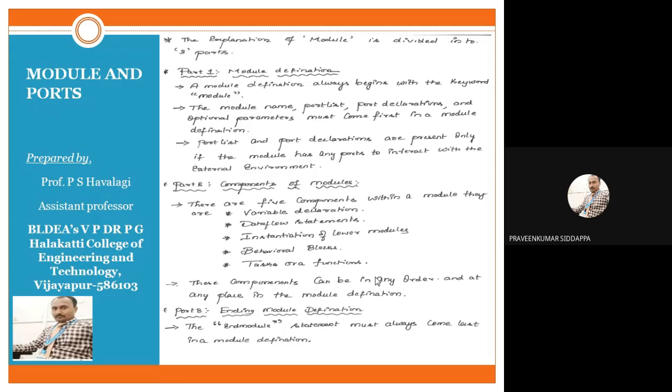After that, don't give a semicolon to endmodule. You should follow these two rules whenever you write endmodule. This was the theoretical concept about the components of a Verilog model.